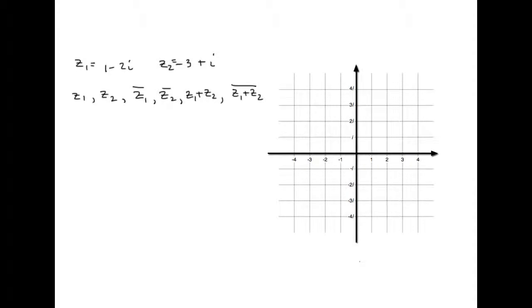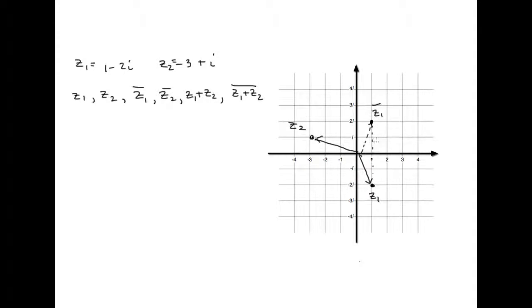So z1 again, 1 minus 2i, there it is, with its associated vector. z2 is minus 3 plus i, with its associated vector. z1 bar, remember we said that's reflection in the real axis, so it'll be up there, and there's its associated vector.